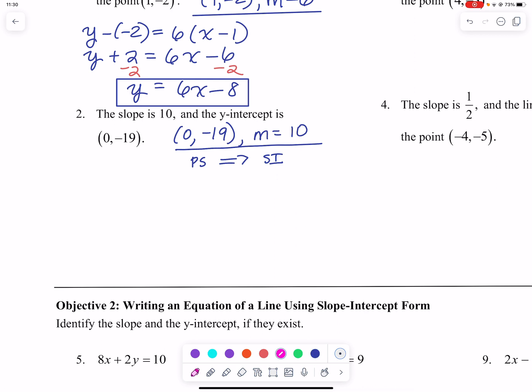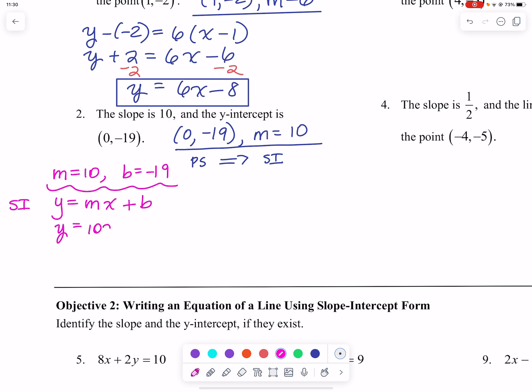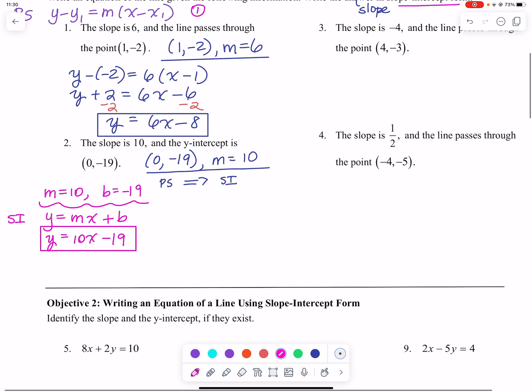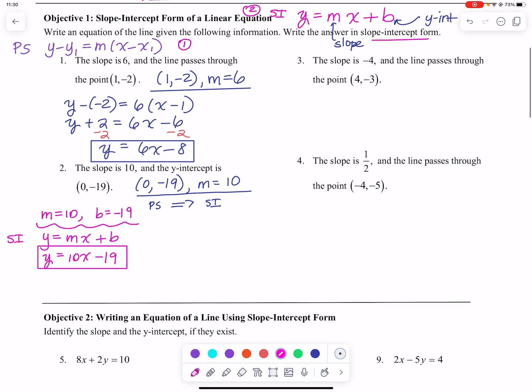However, they gave us the slope, and they also gave us the y-intercept. So with this, we want to jump right into our slope-intercept form, and we have y equals 10x minus 19. If we're given an intercept, we might as well use that.